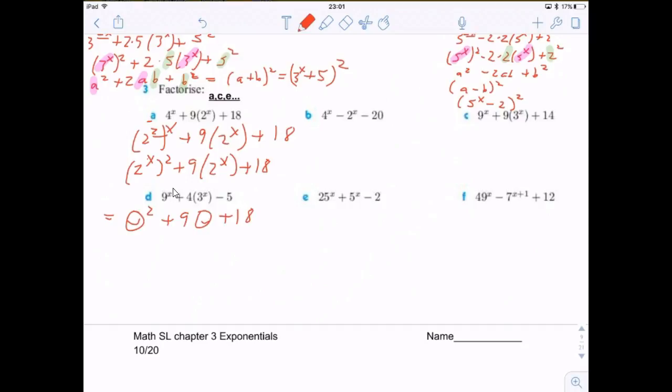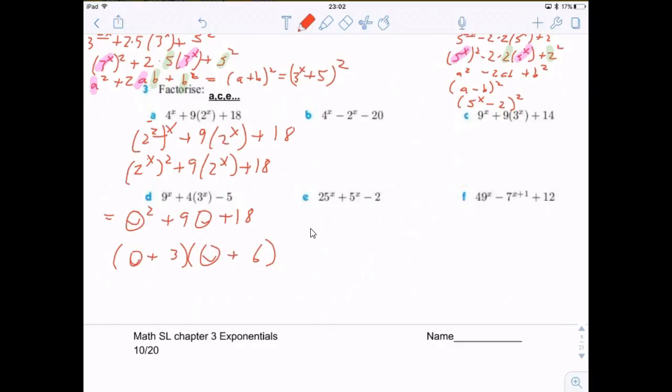You know how to do these kind of factoring problems, right? You list out the factors of 18, and then you figure out what combination of factors is going to add up to be 9, right? So it's going to be 3 and 6.